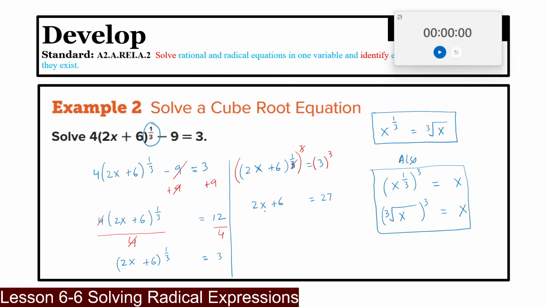Now I can solve for this x. To solve for the x, I need to subtract the 6. So I get 2x. The 6 cancels out. So I get 2x equals 21. And so x is equal to 21 over 2.